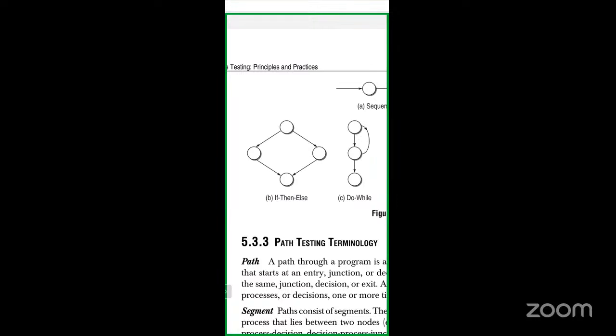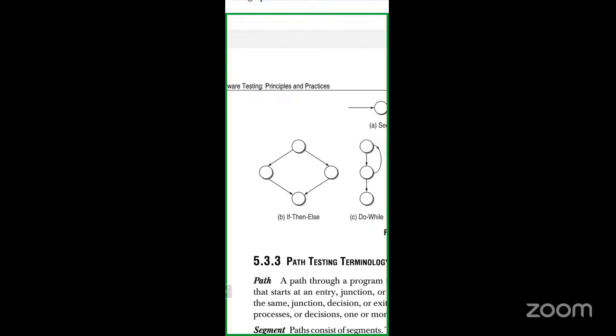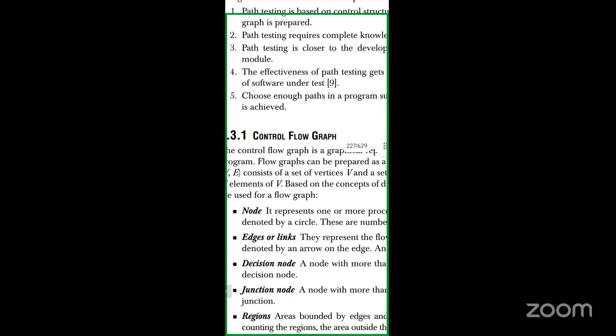If the condition is not satisfied, then another set of statements is going to be executed. Okay. So here in sequence you could see two nodes are available, one is passing through with the second one.